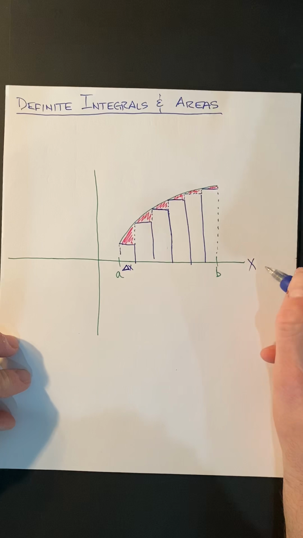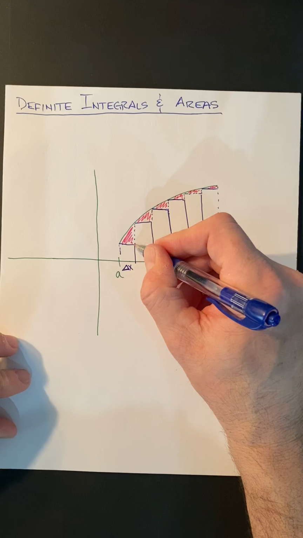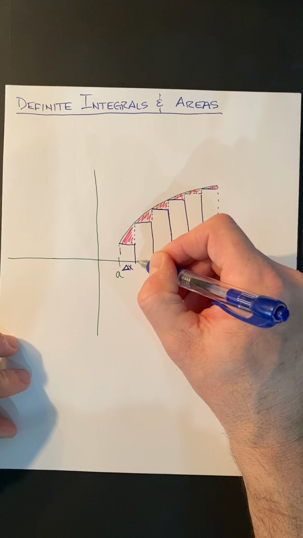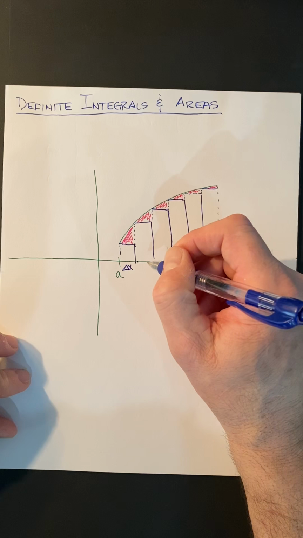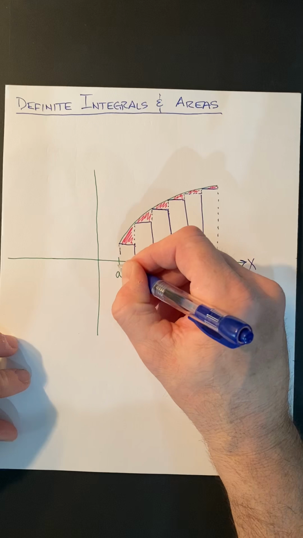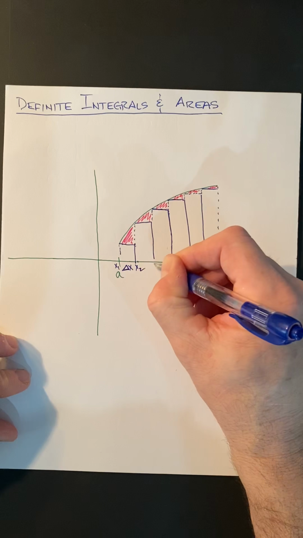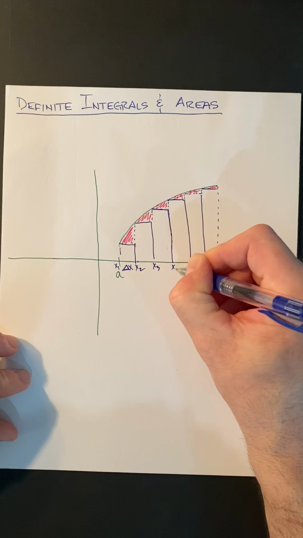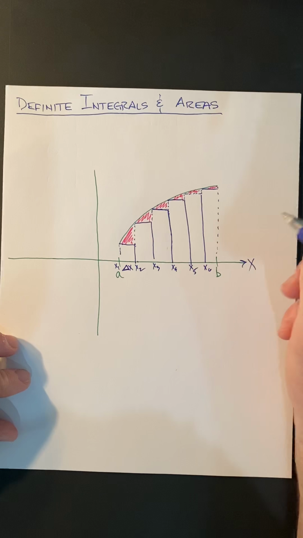We're moving along the x-axis, right? And a value here would simply be the height of that rectangle, okay? So if this point here functions as x1, this would be x2, x3, x4, x5, x6.